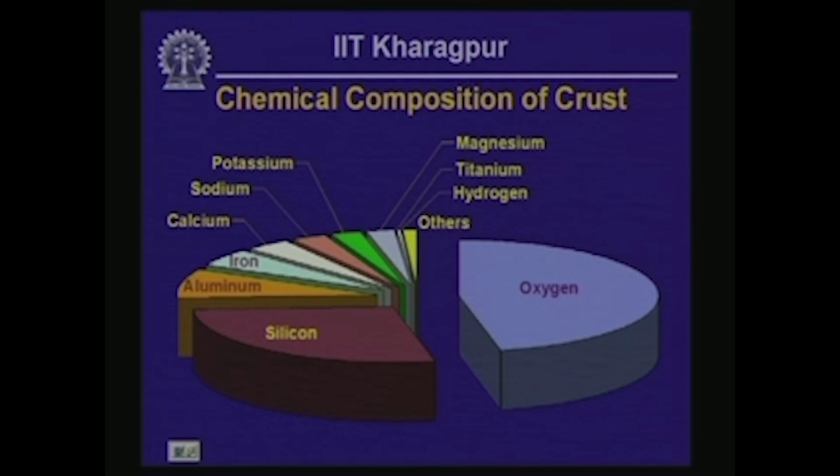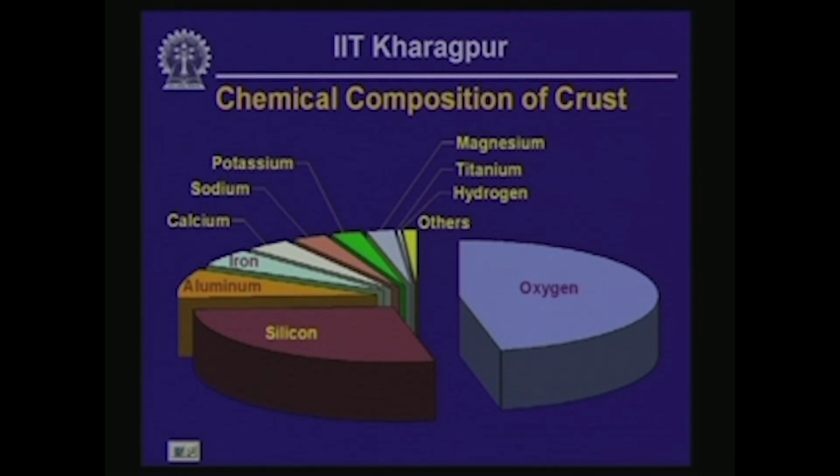All right. Now, what is the chemical composition of the surface of the Earth? As we have seen, the surface of the Earth is called the crust of the geoid sphere. And what is the constituent of that?